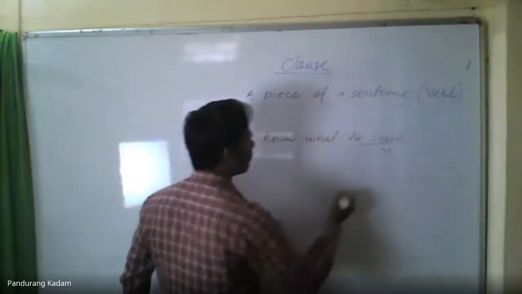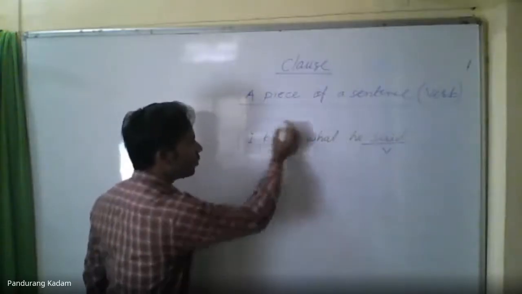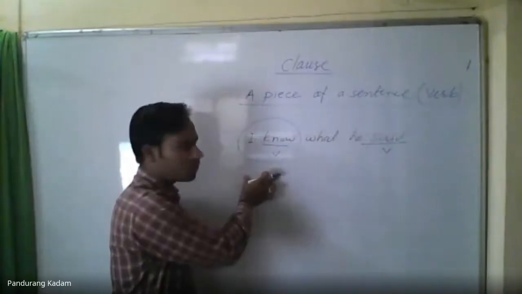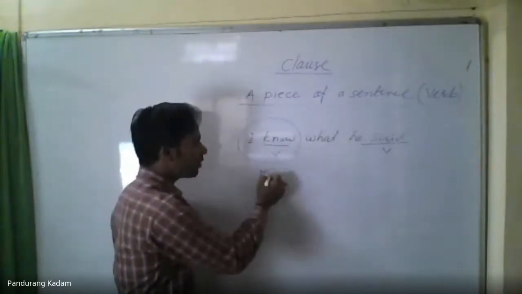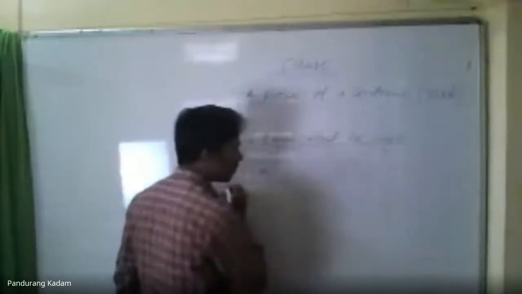Said is the verb. Very good. And know also a verb. So I know is the main clause. And what he said, जो उसने कहा, is the subordinate clause.